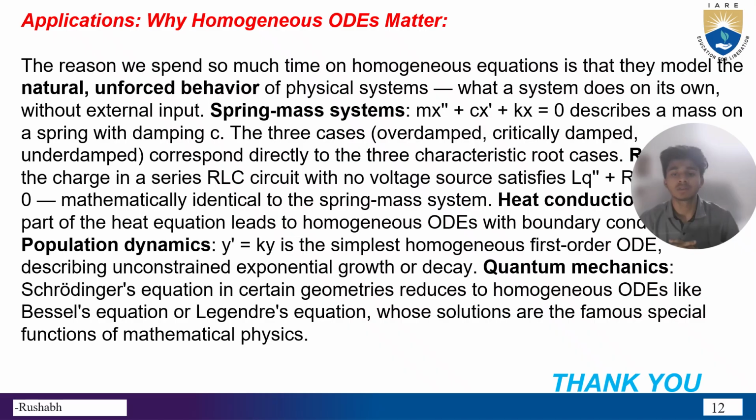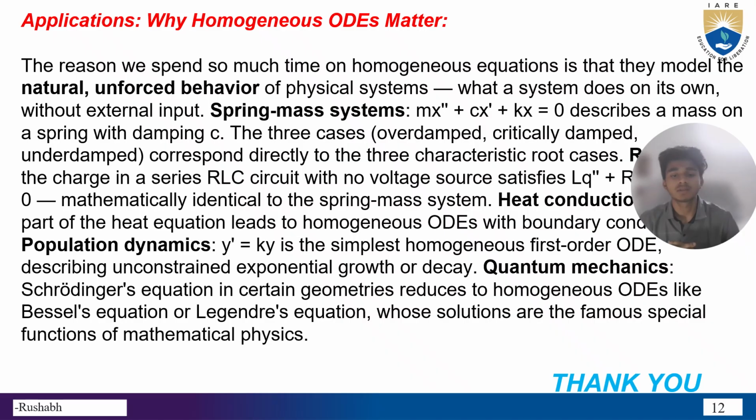RLC circuits. The charge in a series RLC circuit with no voltage source satisfies L Q'' + R Q' + (1/C) Q = 0, mathematically identical to a spring mass system. Heat conduction. The spatial part of the heat equation leads to homogeneous ODEs with boundary conditions.